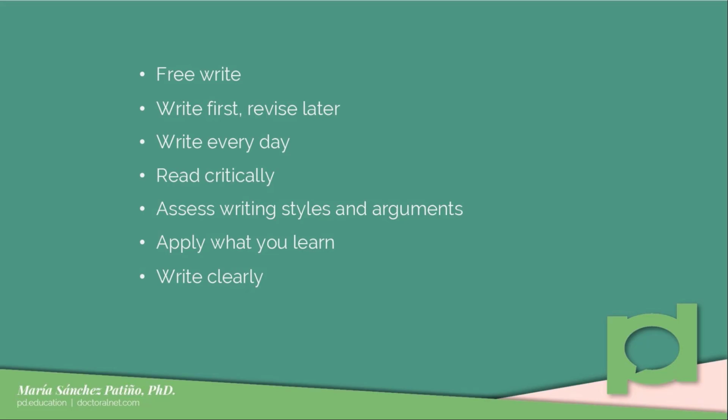And finally, you write clearly. After you have done all those things, you need to write clearly, because you need that people understand you. Writing in a complex way does not mean writing more academically.